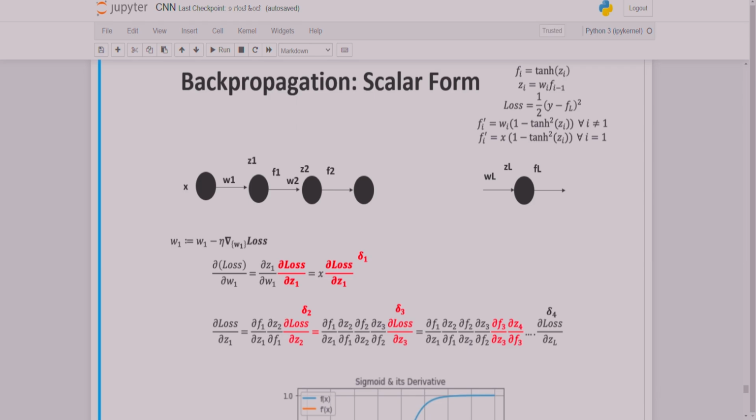So this can be simply calculated as follows. I don't know the direct calculation because W1 is here. The actual loss occurs over here. Whatever loss we write, that is d minus 1. So we may not be able to directly calculate that. So what we do, we expand it using the partial derivative with respect to Z1.